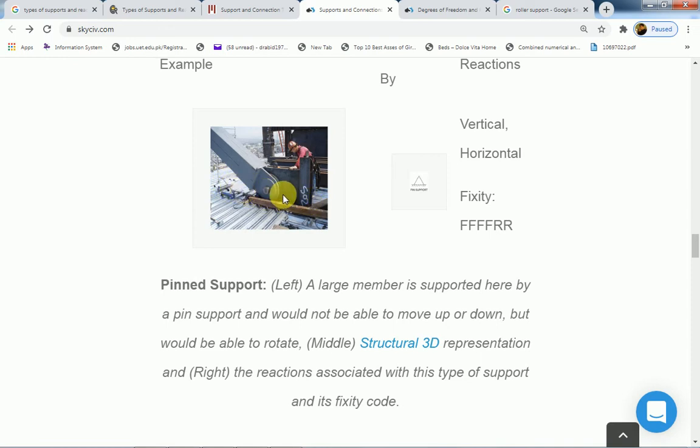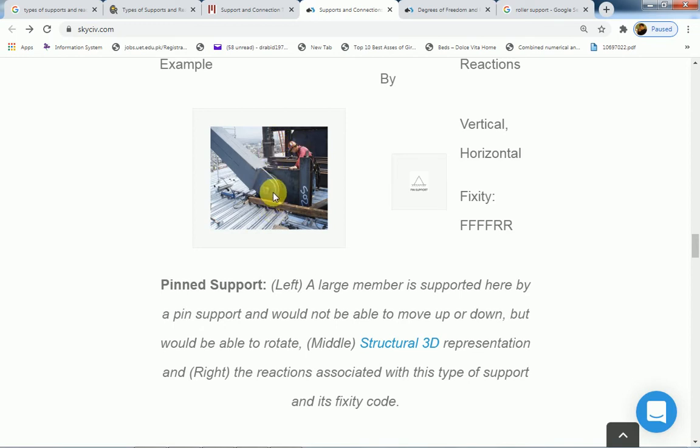No, this body cannot translate from this position to this position. It cannot travel. Now can this body or this link move in vertical direction? No, it cannot go up or down.